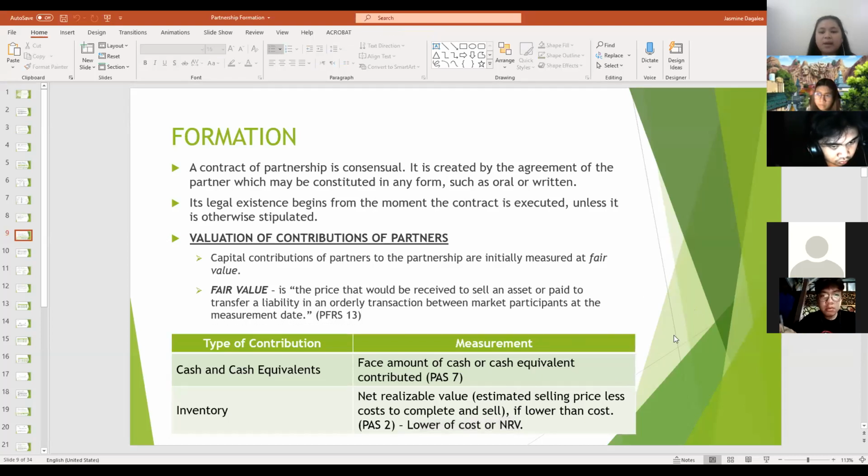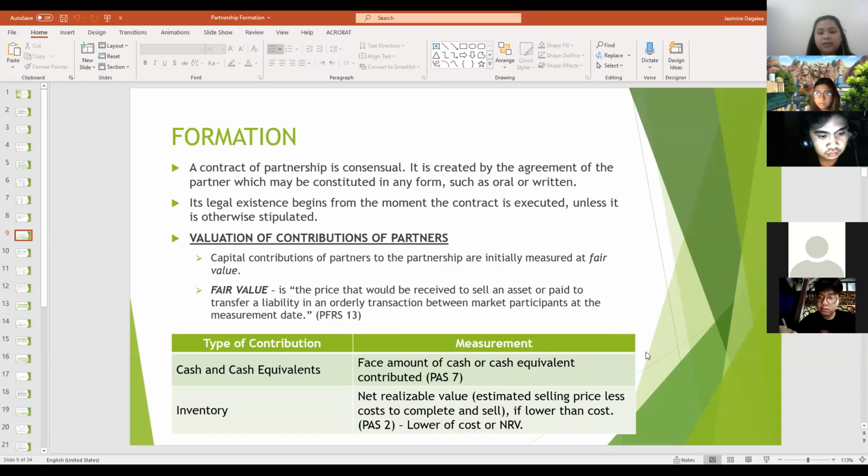So for example, you have inventory that you bought for, let's say, 200 pesos. And then you estimated that you can sell this inventory for 300 pesos.